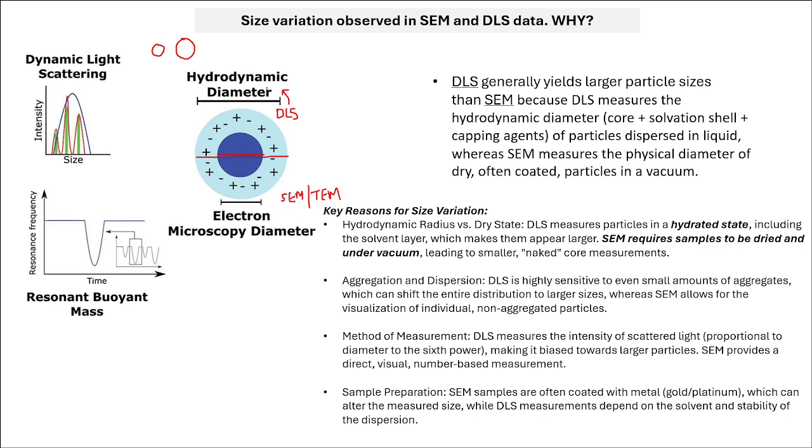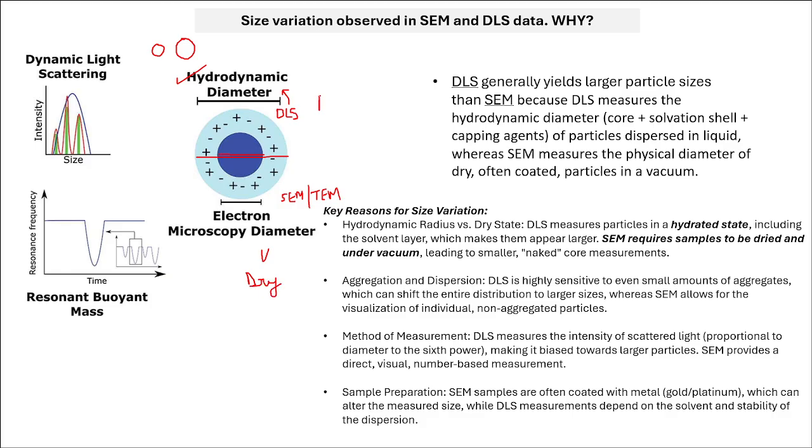So it will always be like this: the electron microscopic diameter will be smaller than the hydrodynamic diameter, and it also depends on the conditions, because there would be formation of the electrical double layer. But electron microscopy functions under vacuum, and your sample needs to be dry.